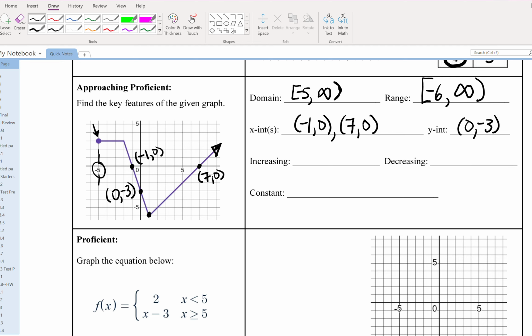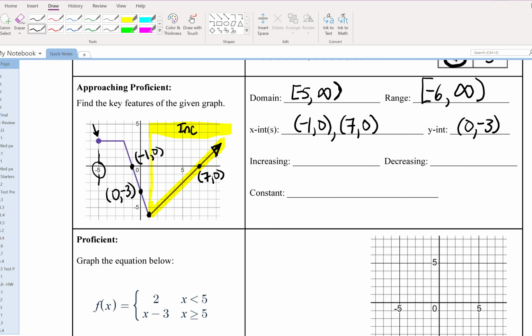Increasing. Now, where is this increasing? As you move from left to right, it's increasing where it's going up. So this is increasing all along there. I am going to move up from there and list these out again. So I'm going to label this first.